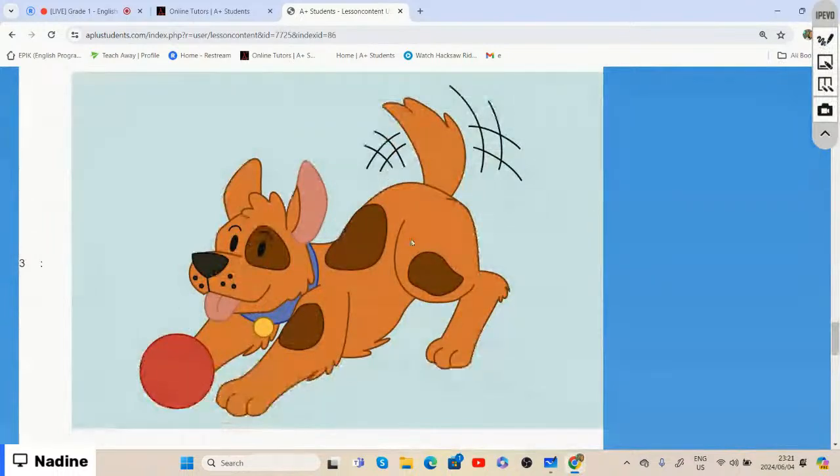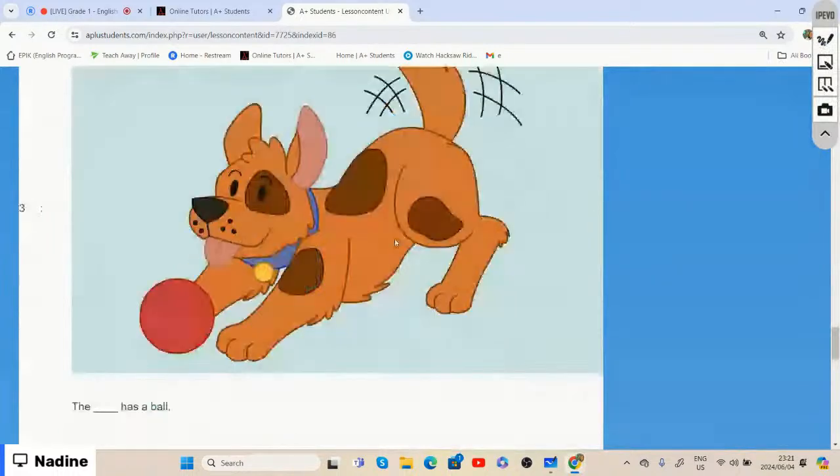We look at the picture over here. The has a ball. What has a ball in this picture? If you look at the picture, what has the ball? Which animal over here has a ball?